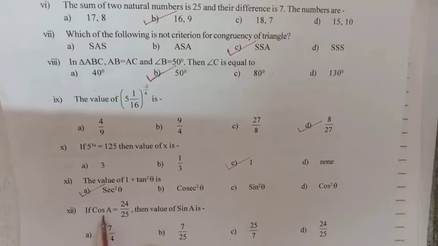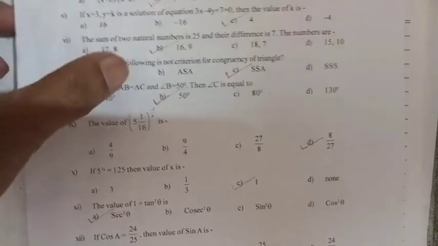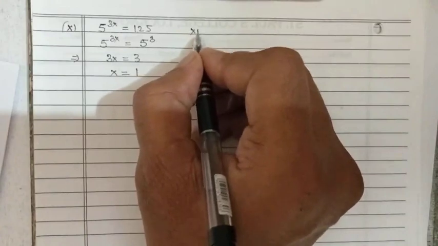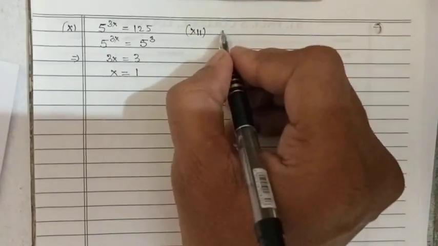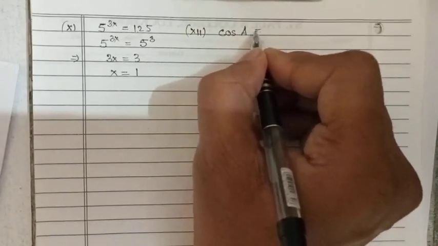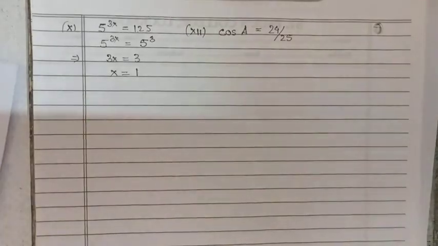Now they have given you cos A as 24 upon 25 and you have to find the value of sin A. See, in the 12th part they have given us cos A as 24 upon 25, right?